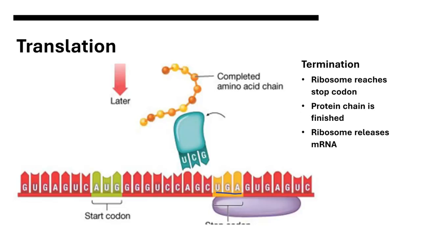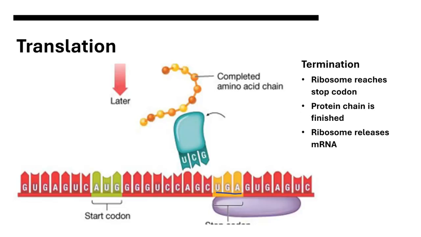Then release factors come in and bind to our stop codon. This causes the ribosome to break apart, so the large subunit and the small subunit separate. That releases the messenger RNA strand, and the string of amino acids pops off of our last transfer RNA.